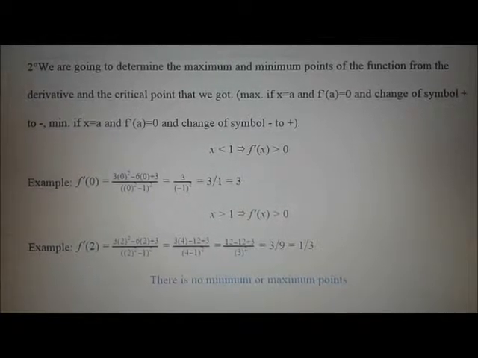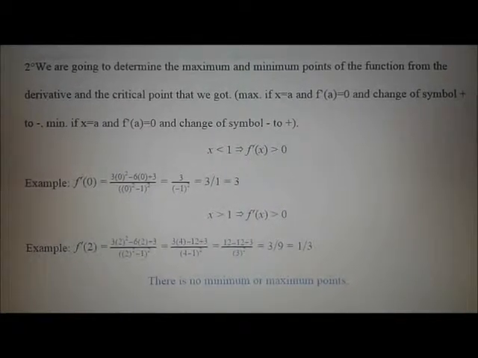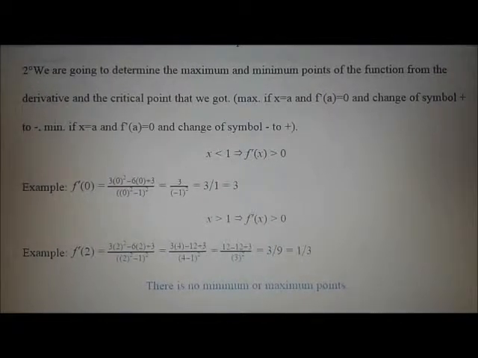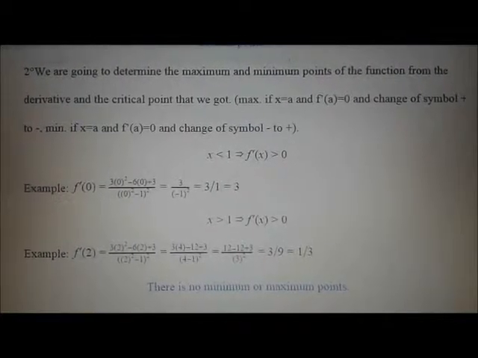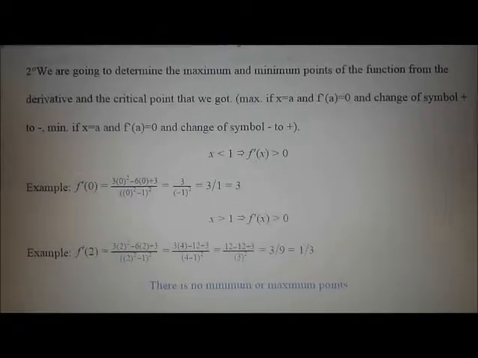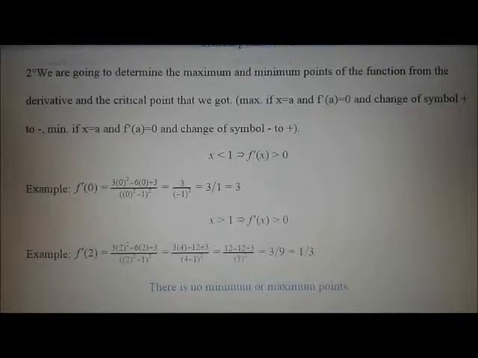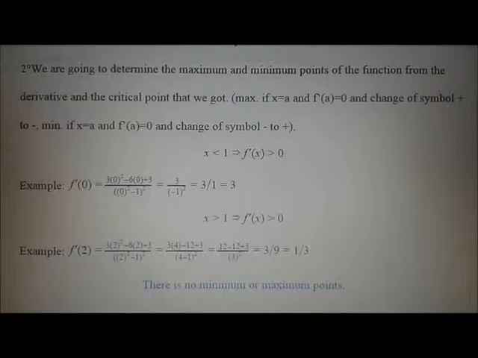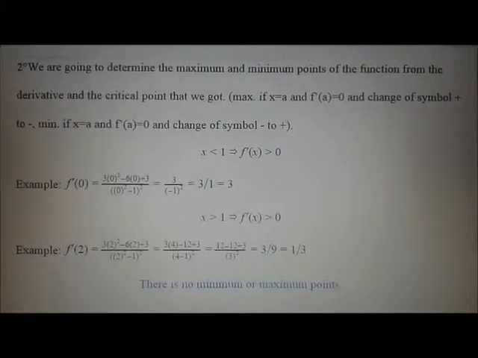It's equal to 3 times 4 minus 12 plus 3, all divided by 4 minus 1 squared. That is equal to 12 minus 12 plus 3, all divided by 3 squared. That is equal to 3 divided by 9, and it's equal to 1/3. So the answer is there is no minimum or maximum points in the graph of our first derivative.